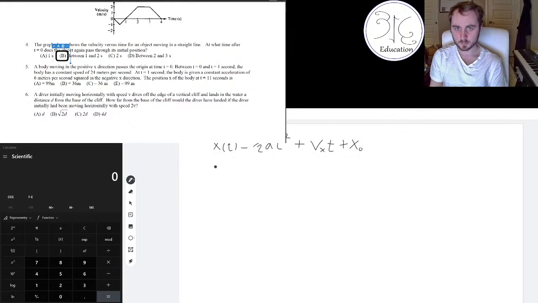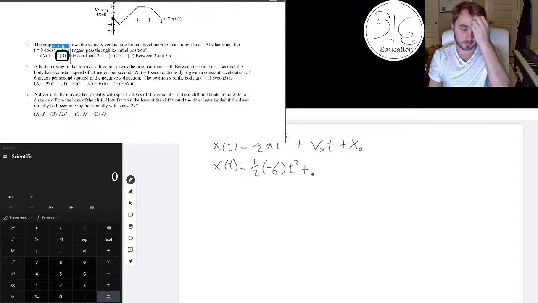So for our specific case now, they said our acceleration was in the negative direction, right? So that is -6 times t squared. I say we've got to be a little bit careful because that didn't start until 1 second in, but that accounts for this. It should account for this, hopefully.